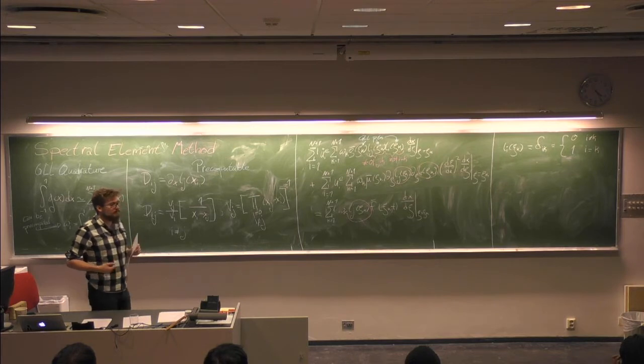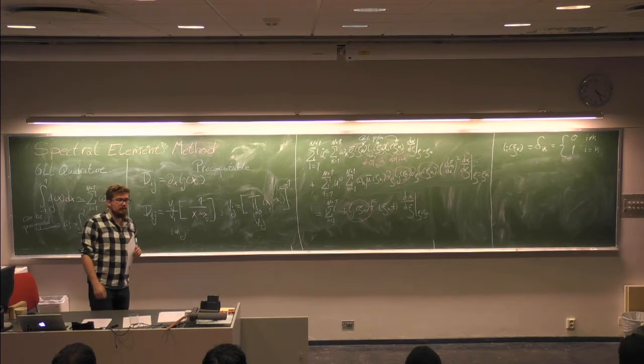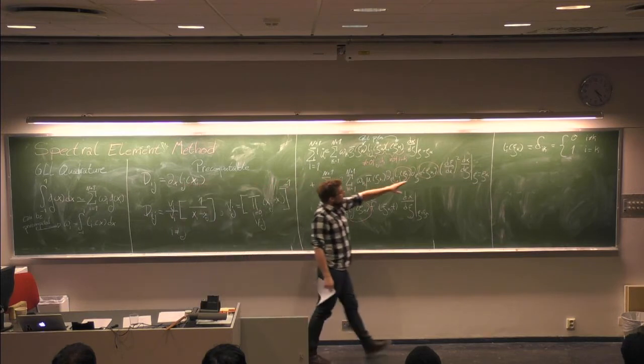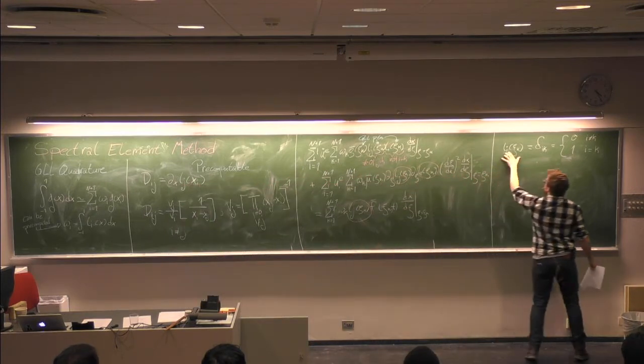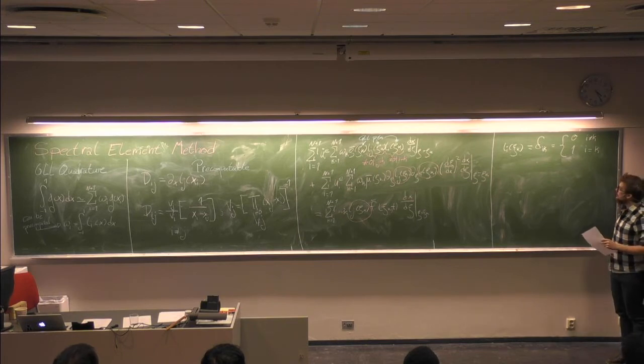Any questions? This is kind of the turning point of the spectral elements, that you can apparently neglect the sum because you have this nice property of the Legendre polynomials.